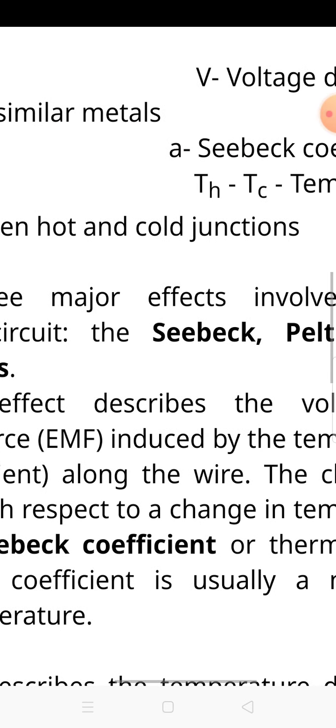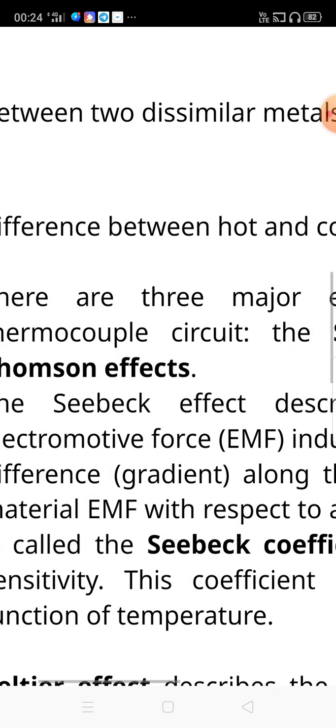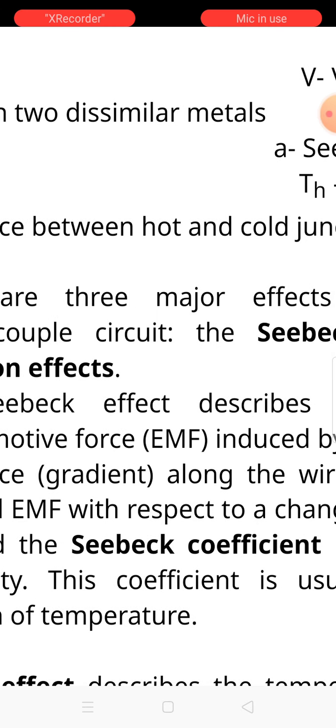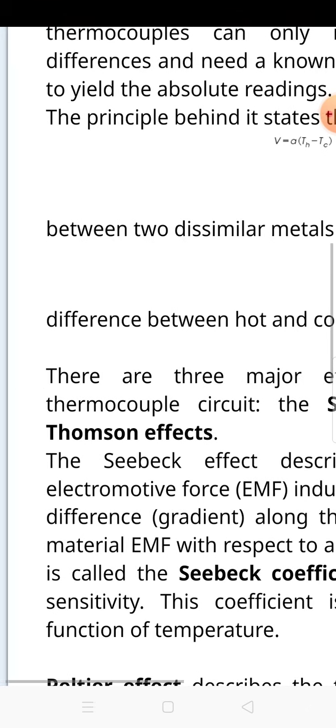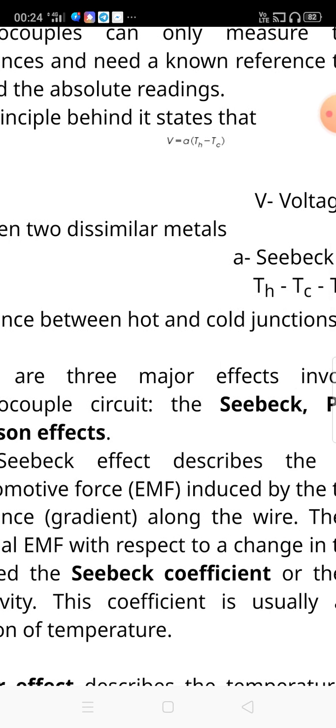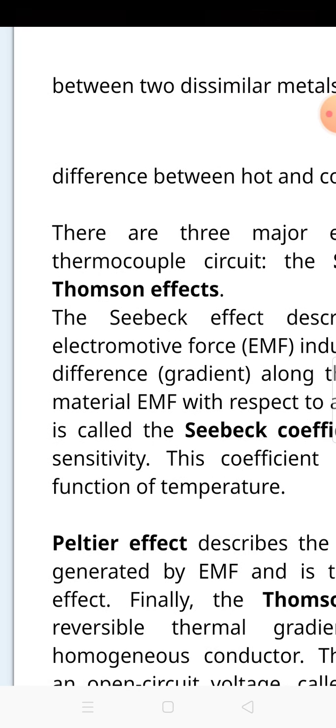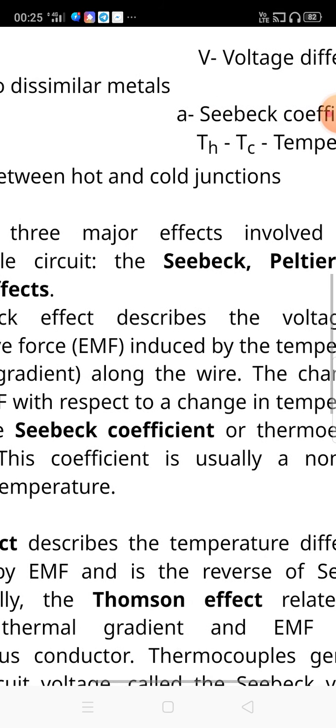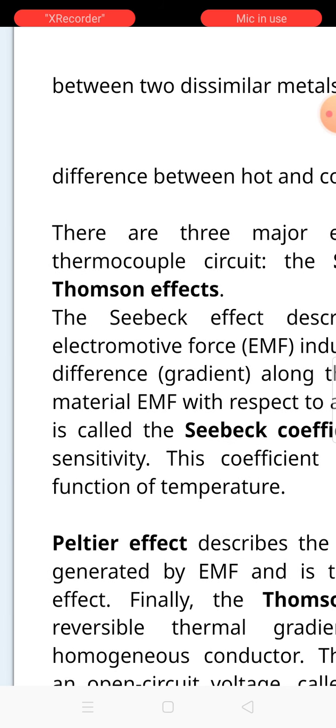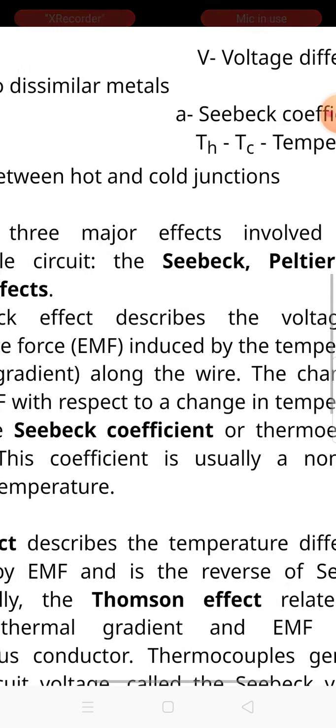There are three major effects involved in a thermocouple circuit: the Seebeck effect, the Peltier effect, and the Thomson effect, also known as the Joule-Thomson effect. The Seebeck effect describes the voltage or electromotive force (EMF) induced by the temperature gradient along the wire.